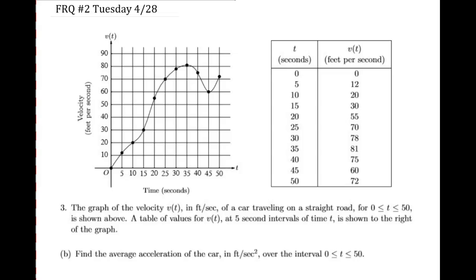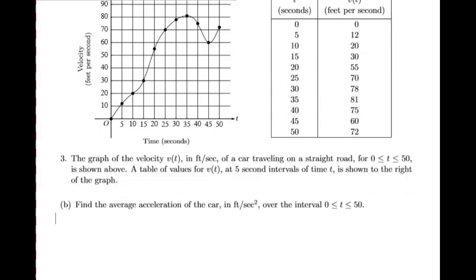For part B, we want the average acceleration of the car over the interval from 0 to 50. So average acceleration is the average rate of change of the velocity, which is just slope. So we'll look at the slope from 0 to 50. We have the point 0, 0 and the point 50, 72.